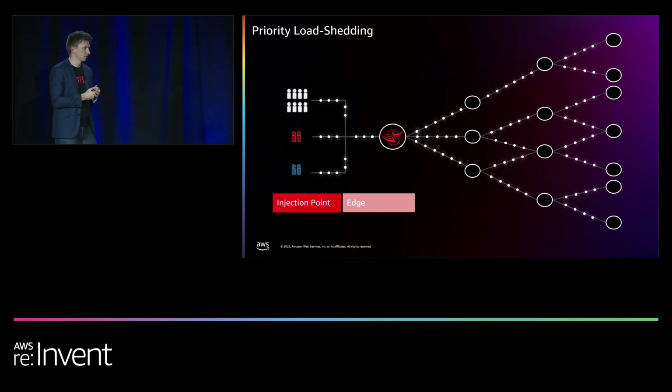Here we've been able to run experiments that validate our load shedding algorithms. We assign users to the experiment, and for those coming from the canary population, lower priority requests are throttled, but higher priority requests still get through. That way we can see where that experience is impacting our members.